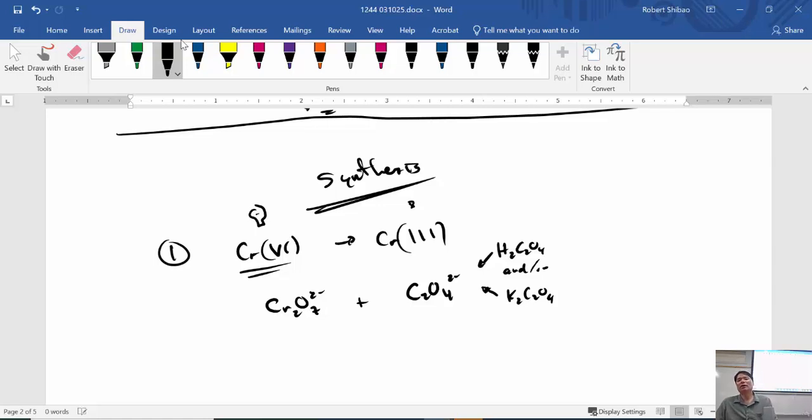All right. Normally, when I think of oxalate, I don't think reducing agent. What's the oxidation state of carbon in oxalate? +3. And we know that carbon ranges from what? Yeah, it ranges from +4 to -4.